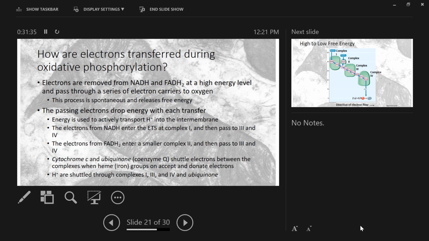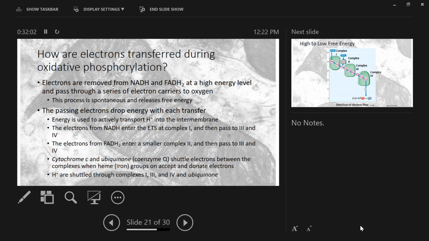Okay, so every electron from an NADH molecule is worth 1 1/4 ATP. How many electrons do we have? 20. 10 NADH that we made during steps 1 and 2, yes?